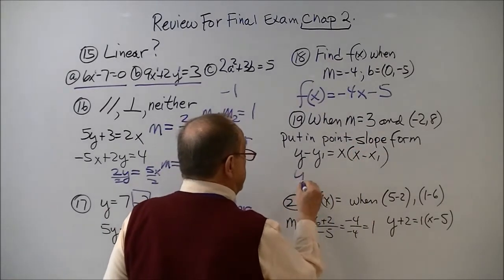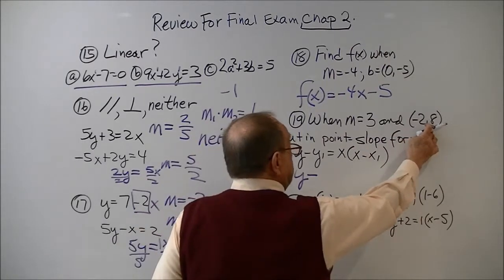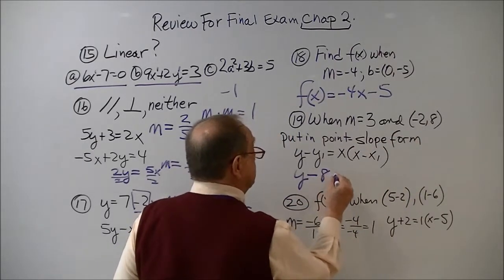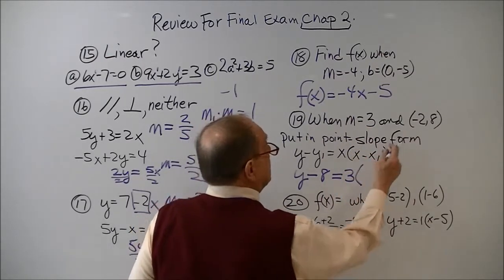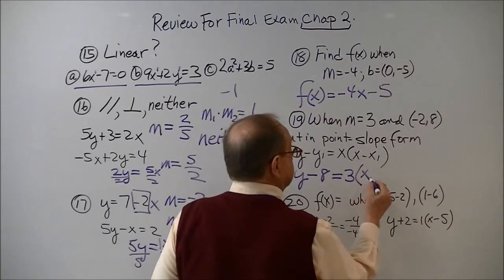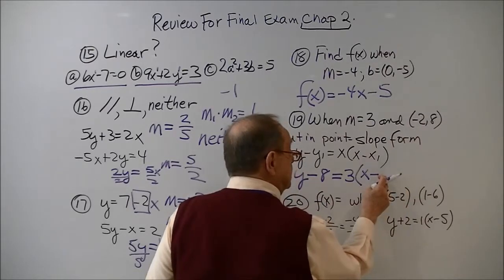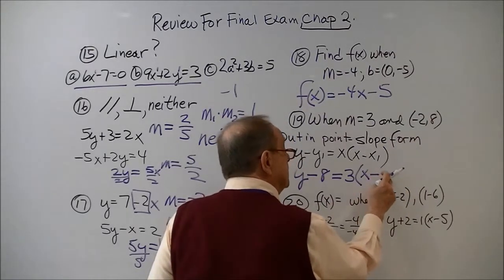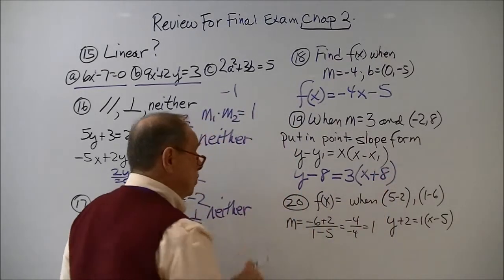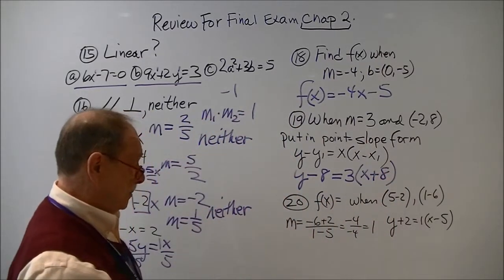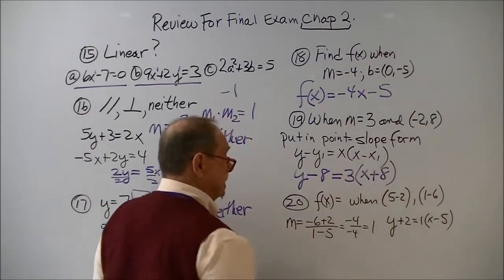So we're going to write y minus, now our y term there is 8, so it just goes in as y minus 8 equals our slope, which is 3, times x in parentheses minus, now it's a minus 2 that goes there, so the opposite of a negative 2 makes this one a positive, and that's all they wanted for number 19. Now we could put it in slope-intercept form, but they didn't ask that there.